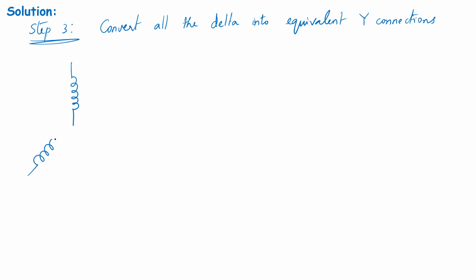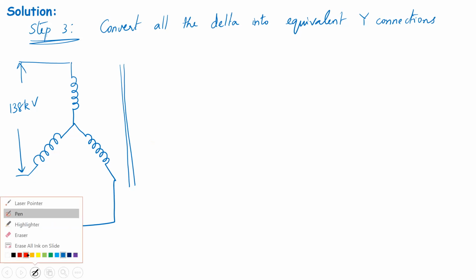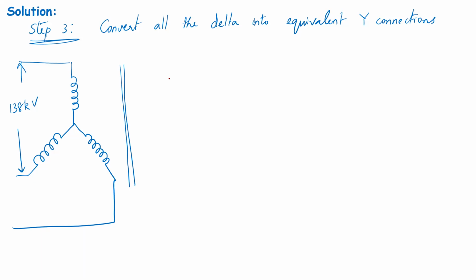So there will be no change on the 138 kV side. This will remain intact. The 138 kV is the line to line voltage. Then I am drawing the core of the transformer using two parallel lines. The delta has now become an equivalent star. So I'm going to use a different color just to indicate that this is an equivalent Y.